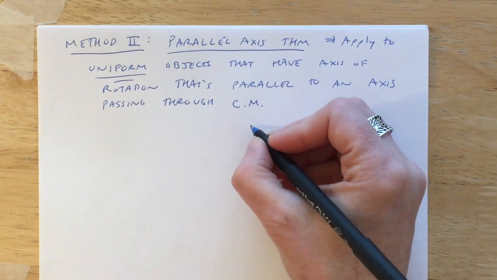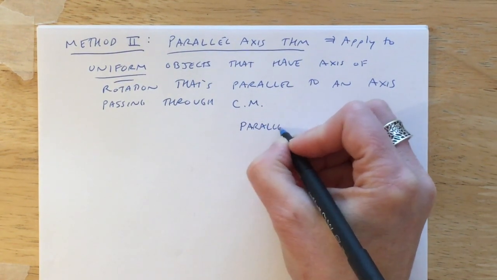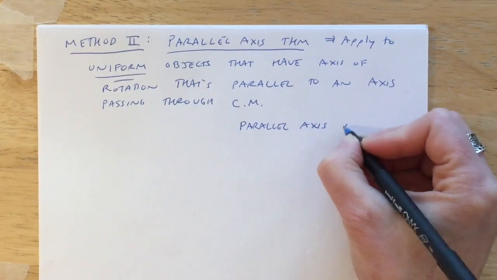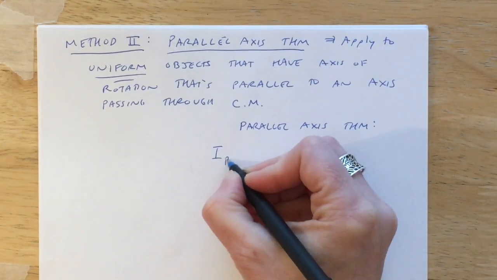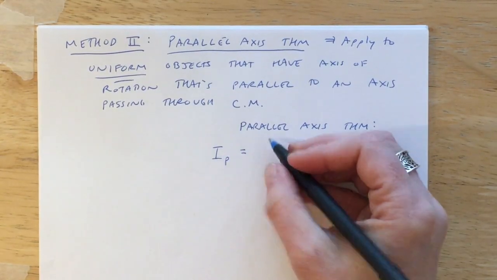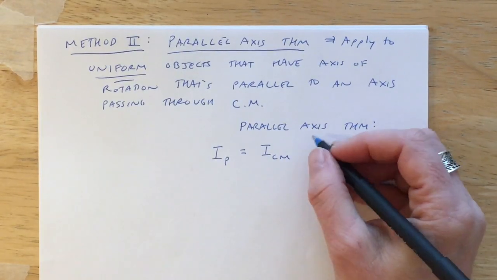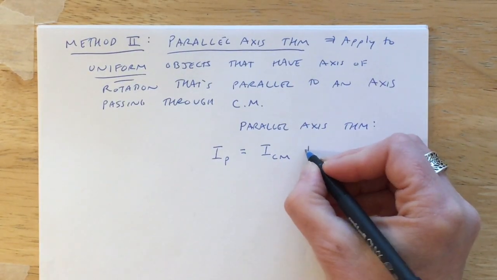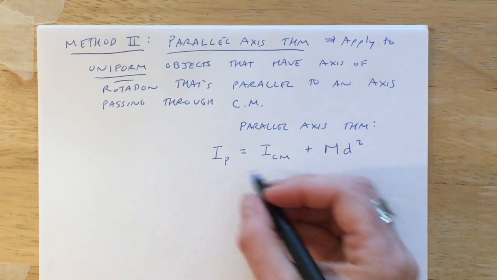So this is easier to understand if we look at the equation and then a corresponding example. So the parallel axis theorem is as follows. We have I sub p, the moment of inertia we're trying to find, is going to be equal to I CM, the moment of inertia for an axis through the center of mass, plus capital M d squared.